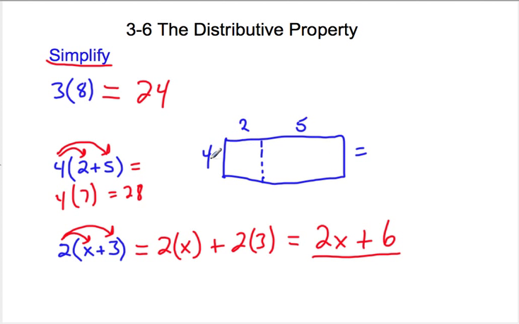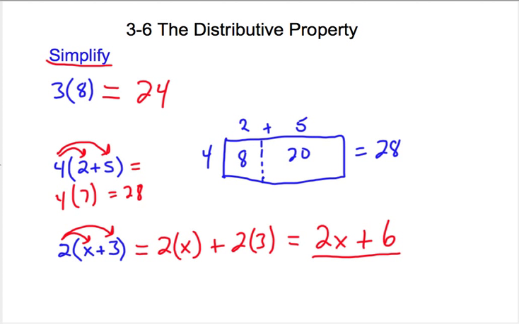You could say 4 times 7 would give you all that, which is 28, or you could do the 4 times 2 and the 4 times 5 and then add it after. So the distributive property shows us that you can add these and then multiply, or multiply to each individual item, right? This would be a plus.